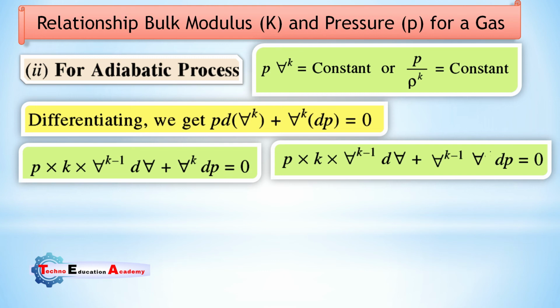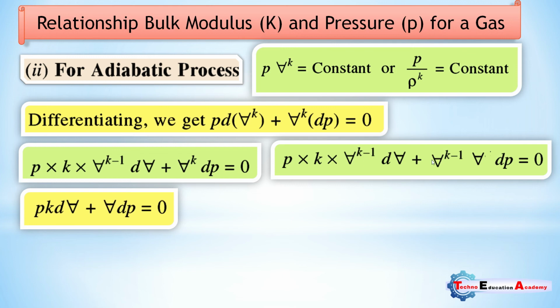So we can also write V raised to K minus 1 into V. According to the fundamental of mathematics, whenever the base is common, it is addition or subtraction of indices. So when we simplify, V raised to K minus 1 and V raised to 1, minus 1 plus 1 cancels out, so we get V raised to K. Here V raised to K minus 1 is the common term, so it cancels out.